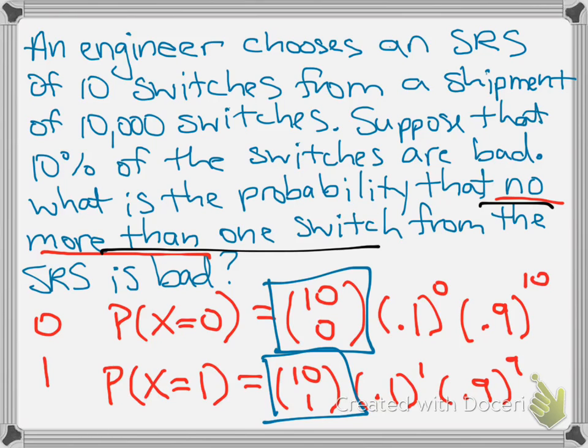And when you add together the probability that no switches are bad and the probability that 1 switch is bad, you get a total probability of 0.7361. So we can expect that 73.61% of the time we would either have 0 or only 1 bad switch.